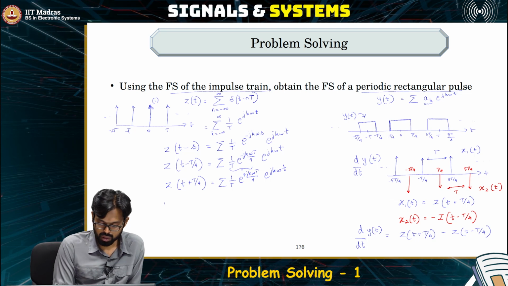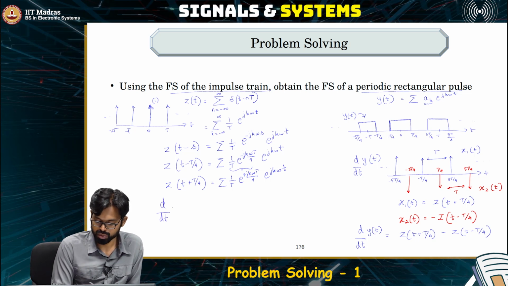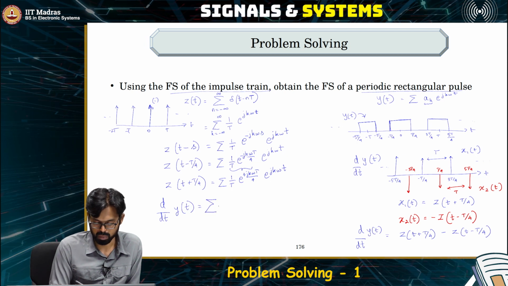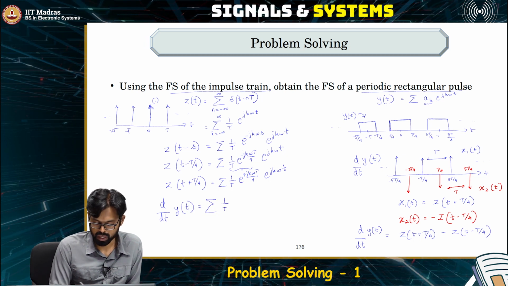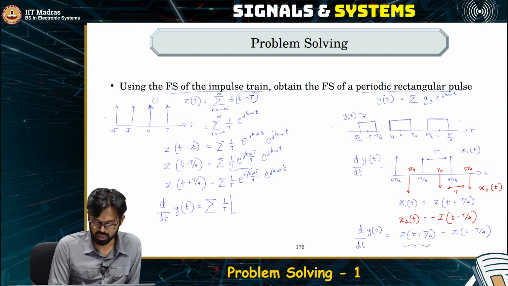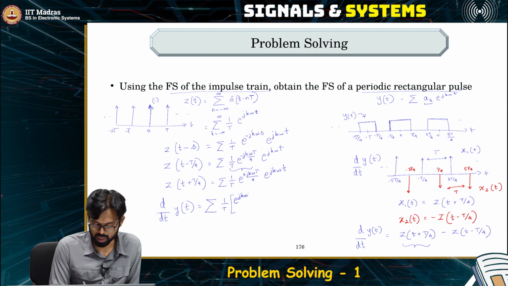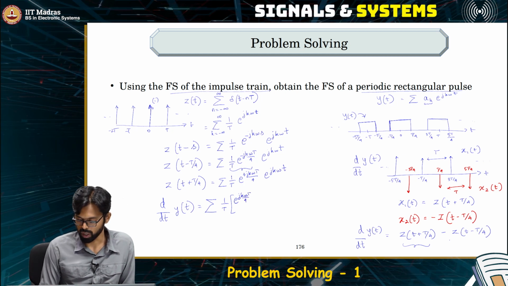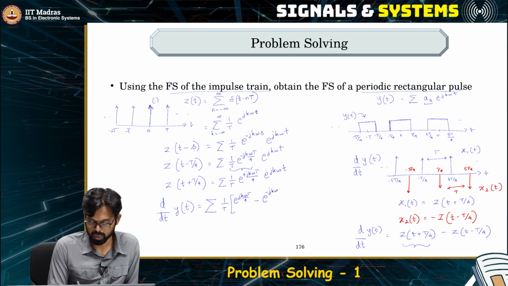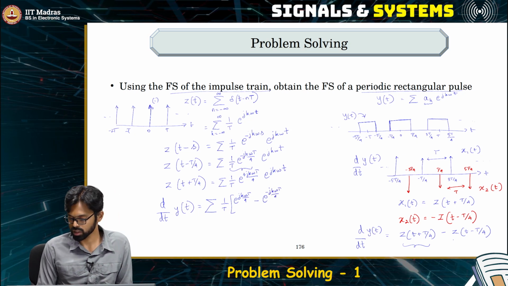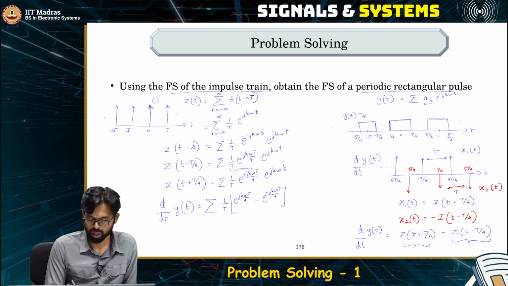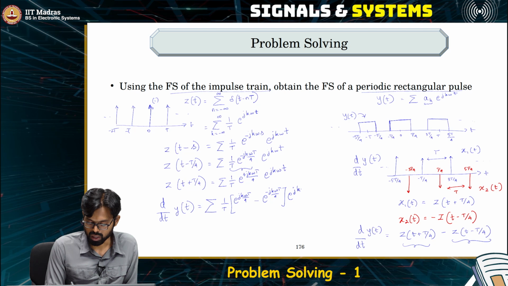Which means the Fourier series coefficients of the derivative is nothing but 1/T times e^(jkωT/4) minus the Fourier series coefficient of z of t minus T/4, which is what we have here, times e^(jωt).